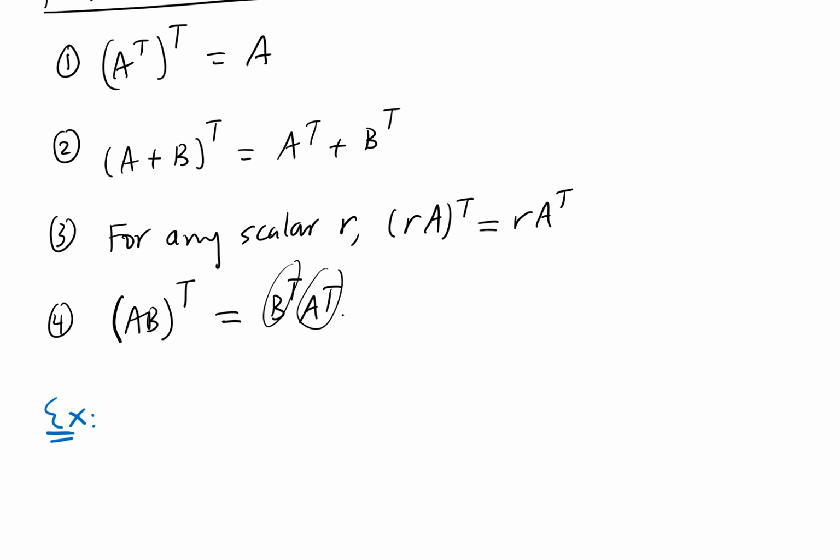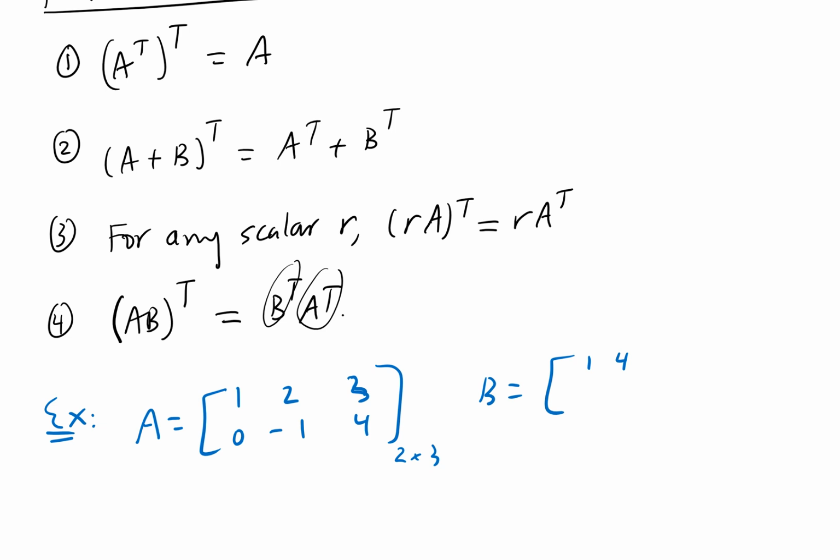Say I want to take A to be 1, 2, 3, 0, -1, 4, which is two rows by three columns, and B is three rows by three columns: 1, 4, 1, 0, -1, 2, 3, 1, 4.